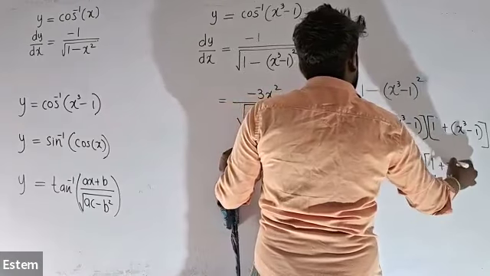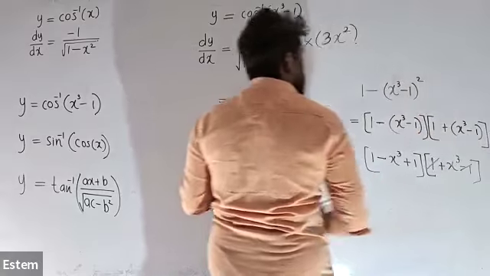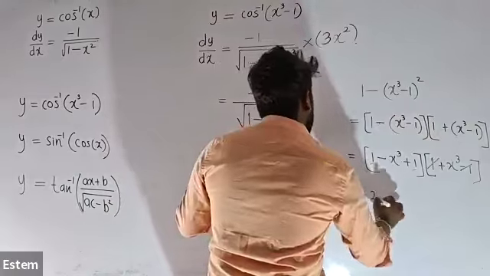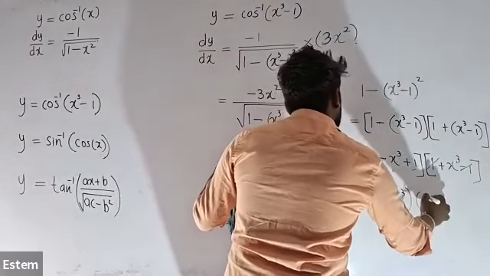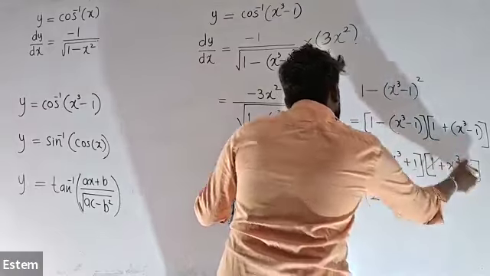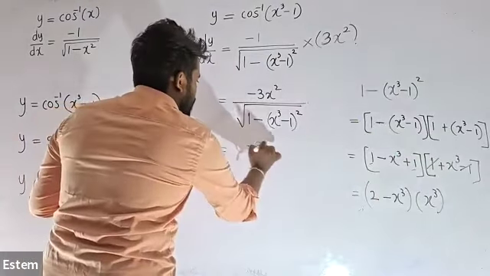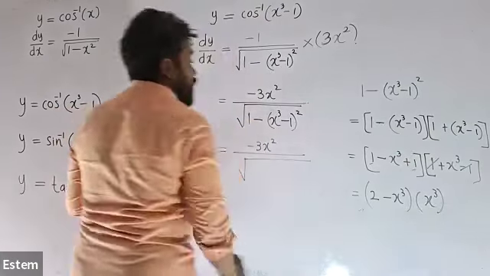So 1 plus x cube, and this is minus 1. So minus 1 will cancel. This one and this one become 2, and this is minus x cube, so 2 minus x cube, and just x cube. So we can write, if we want, 3x squared over the square root of this.